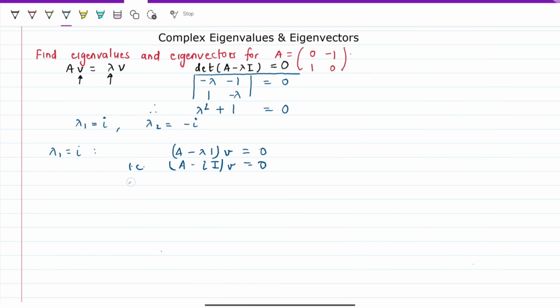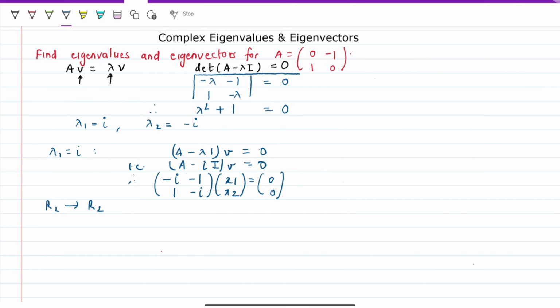And from our given matrix, we have negative i, negative 1, 1 and negative i. We will be expressing it as column vector x1, x2 and 0 will be expressed as column vector 0, 0.